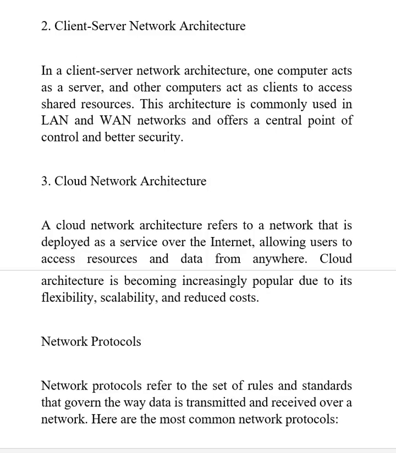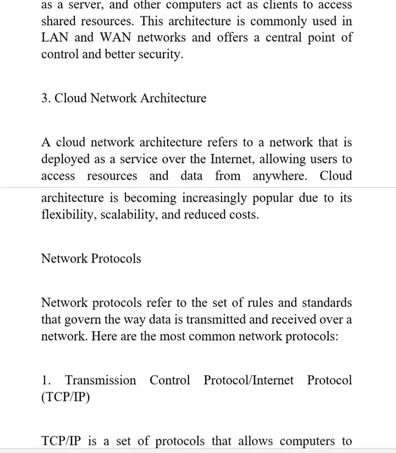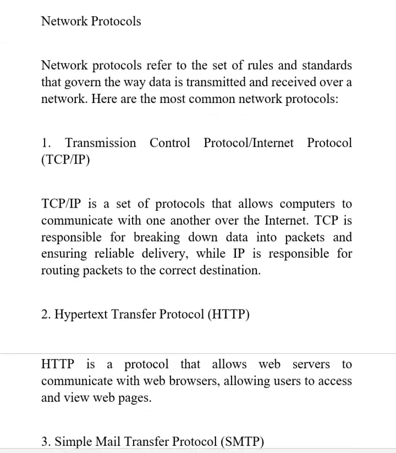Cloud network architecture. A cloud network architecture refers to a network that is deployed as a service over the Internet, allowing users to access resources and data from anywhere. Cloud architecture is becoming increasingly popular due to its flexibility, scalability, and reduced costs.